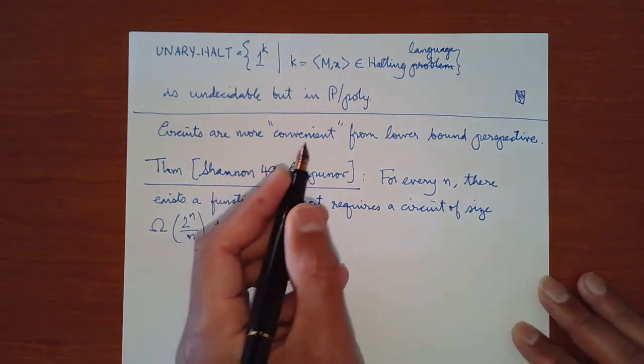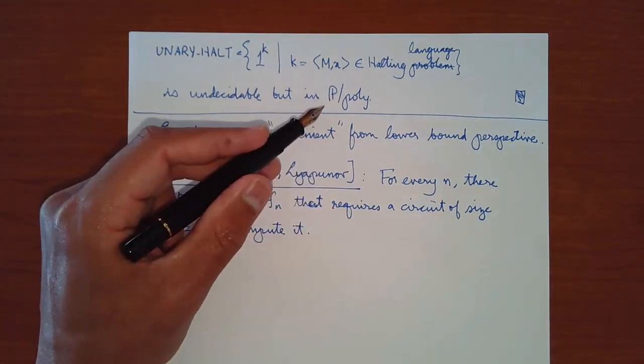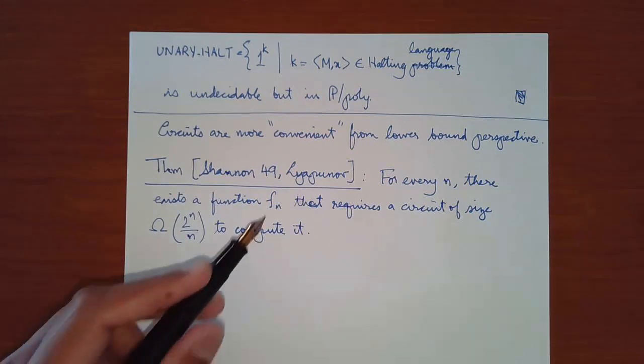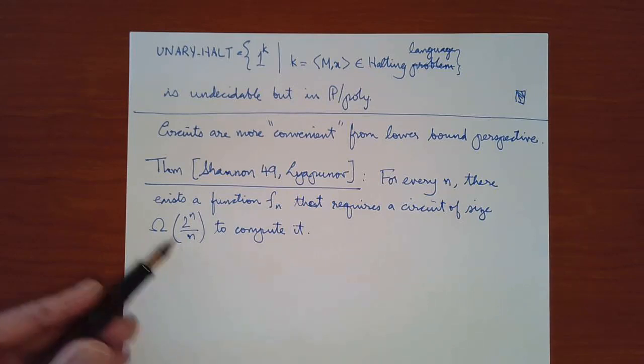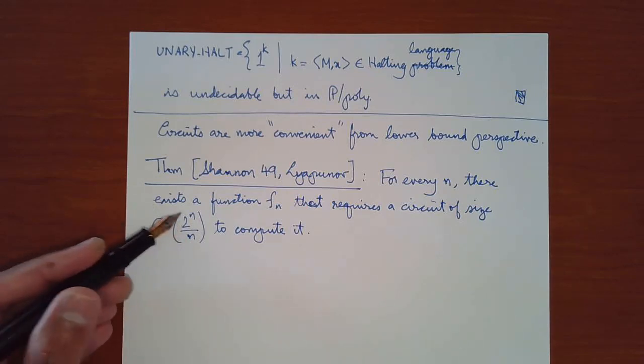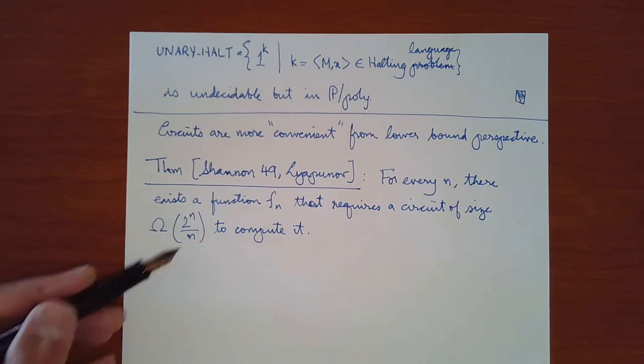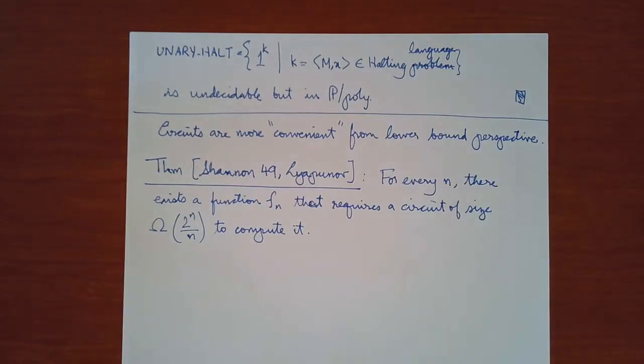So you could ask, could all functions be in p/poly? And the answer is no. There actually exist functions that require exponentially large circuits, although it's annoying that there's a 2 to the n divided by n. Why is there a divided by n here?